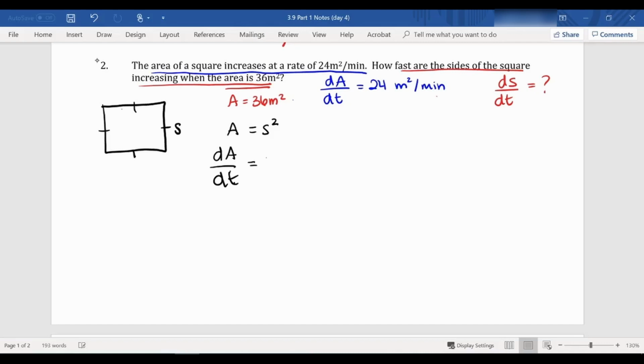On the right, I can bring down the 2 and get 2s, and then I would have ds/dt if I'm differentiating both sides with respect to time. Now I know dA/dt, they told us in the question that's 24. We want to find ds/dt, but it seems like we also don't know s here, but we do because we were told the area is 36.